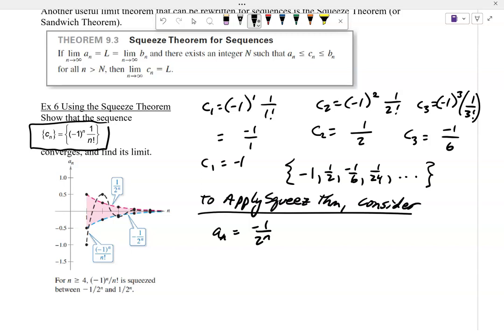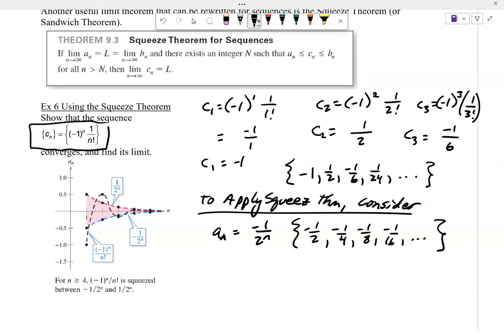And so your first few terms would be negative a half if I let n be 1, if I let n be 2, negative a fourth, negative an eighth, negative a 16th, and so on, right?